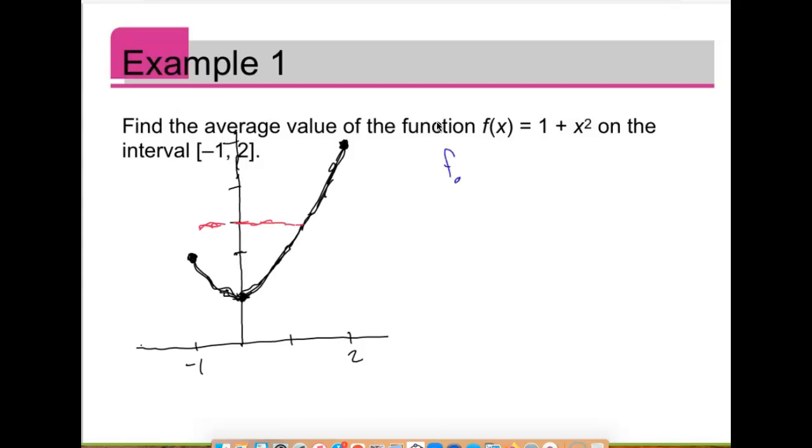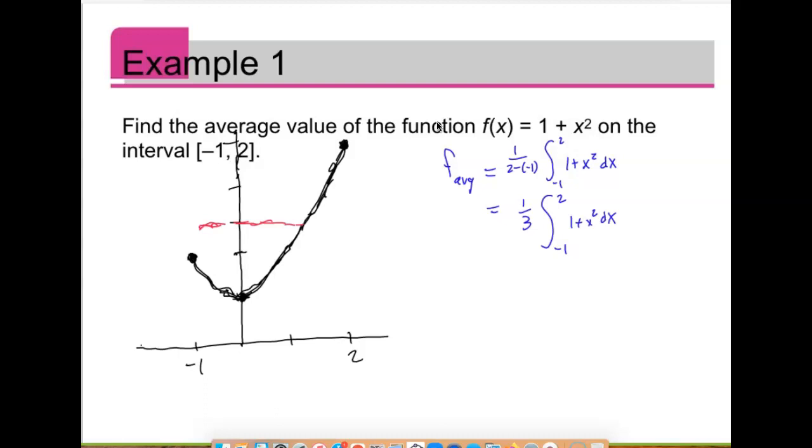I'll say f average equals 1 over b minus a, so it's going to be 1 over 2 minus -1 times the integral from -1 to 2 of the function 1 plus x squared dx. All right, so we got 1/3 times the integral from -1 to 2 of 1 plus x squared dx.